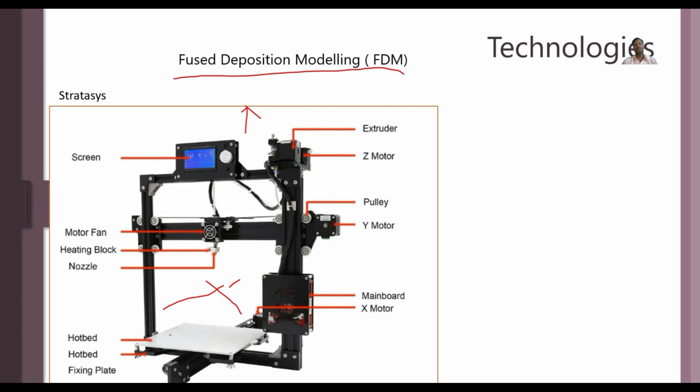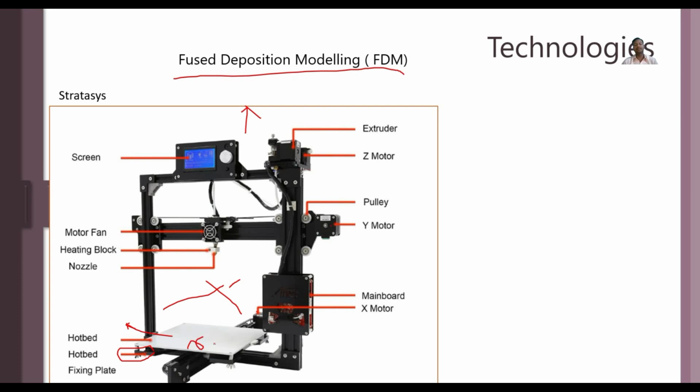The hot bed is generally required to stick the initial layers of the printed parts. Then the fixed plate. This fixed plate is fixed to the bottom of the base, and on this the hot bed will be clamped.